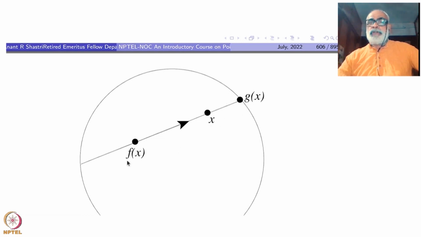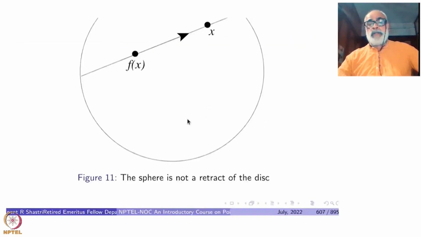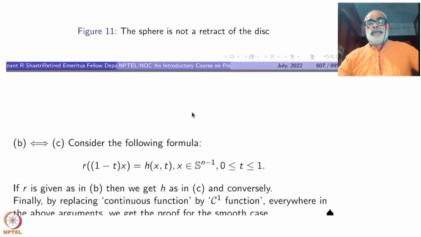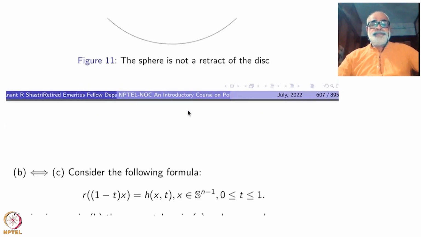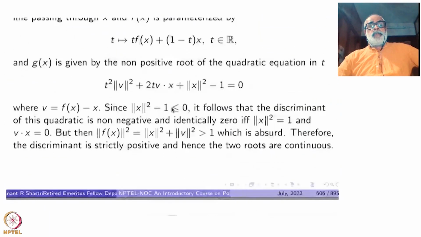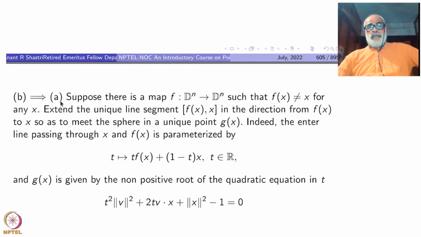So that is the beauty of this construction. G is like R in our statement. That is the whole idea. So we have completed the proofs of A implies B and B implies A.